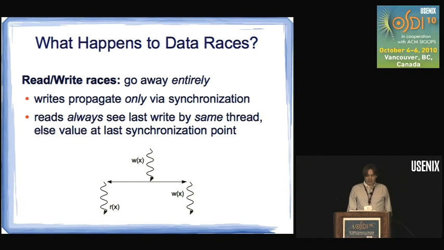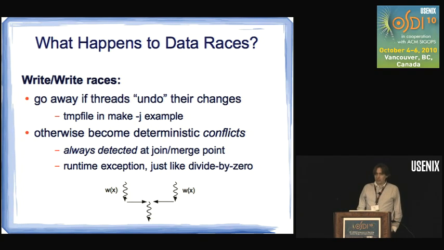In particular, writes only propagate via synchronization. So, for example, the read in the thread in the lower left here will only ever see the value of the causally prior write up above, and will never see the value of the concurrent write over by the other thread. So write-write races sometimes go away too.